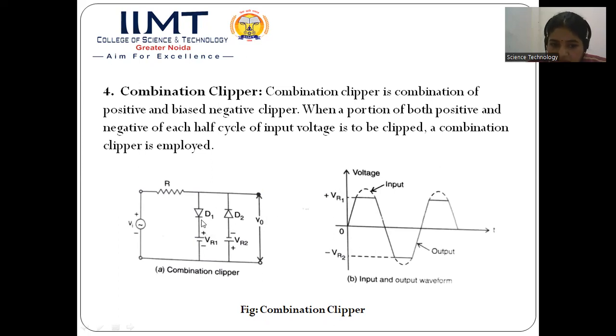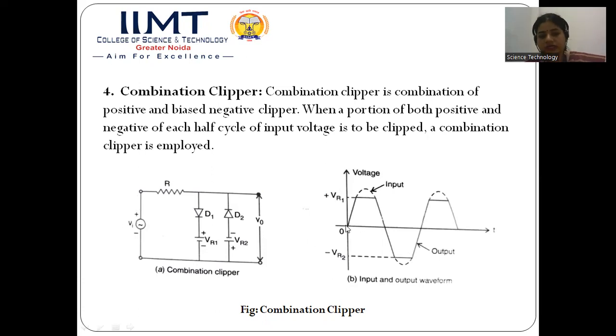We will be getting output only when Vi is lesser than VR. So this is the output which has been reproduced in the output waveform. And above this portion, when Vi is exceeding this VR1, this applied potential, that portion is being clipped out. Similarly, the same thing happens in the negative half cycle.